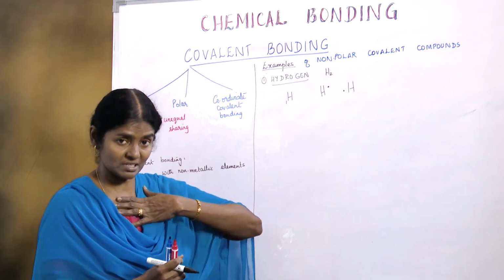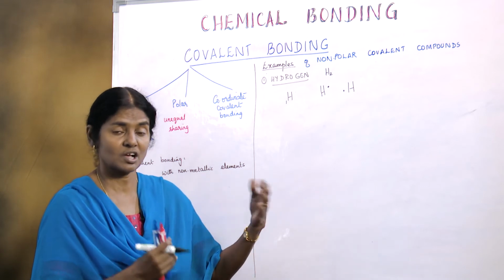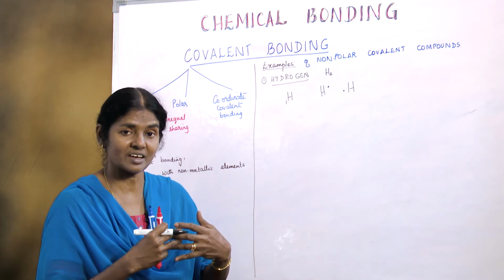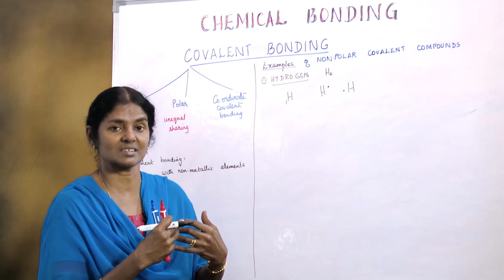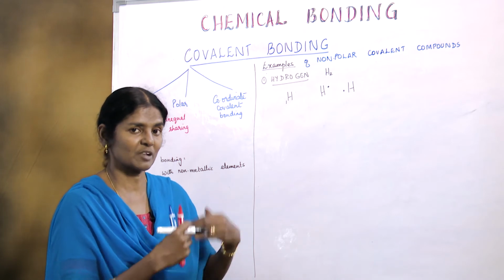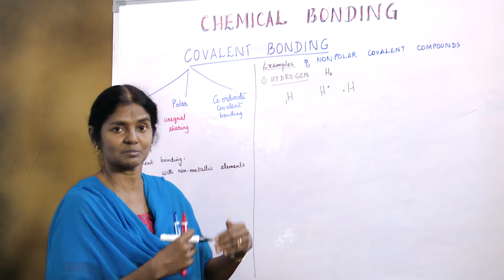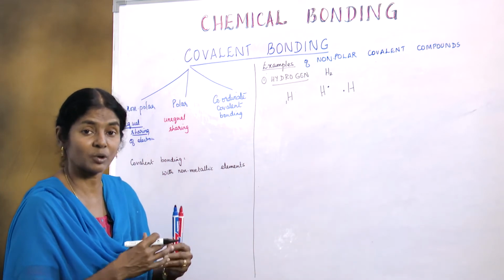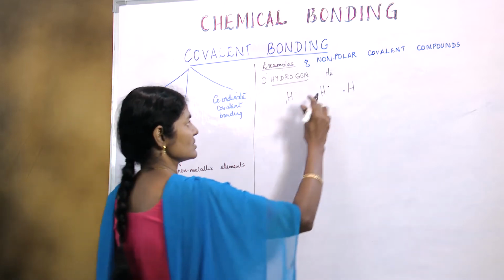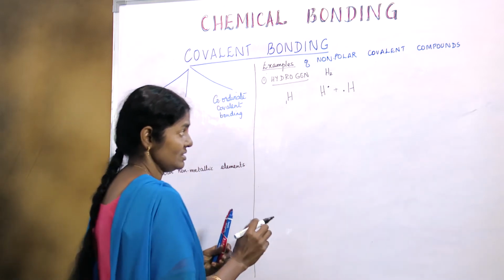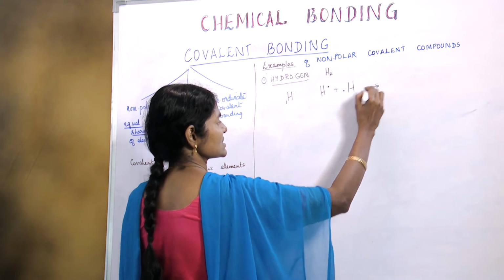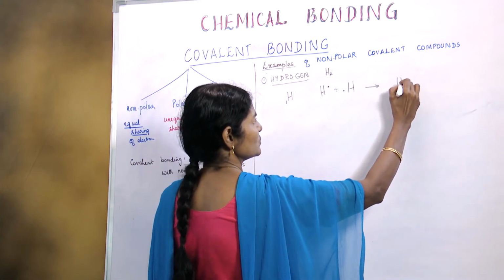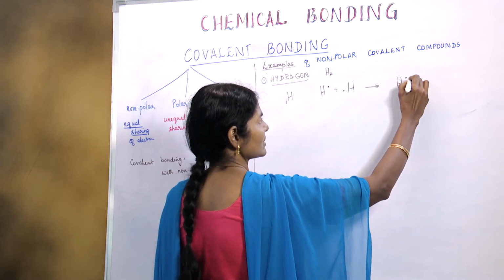I don't have physics, she doesn't have a chemistry textbook. Then we decide to share both these books among each other. So I share my book with her and she shares her book with me. That is how a non-polar covalent bond is formed. Now these two combine together, and the two electrons come together like this.